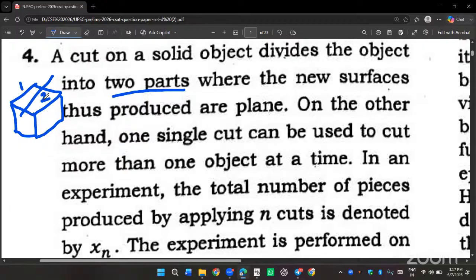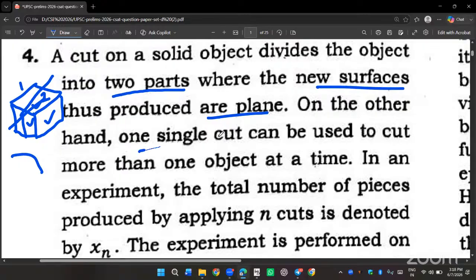While reading the question itself, you have to mark it. Two parts. Here, new surfaces thus produced are plane surfaces. So this side plane surface, if I cut this side plane. No curvature, no irregular shape, plane surface. When we cut perpendicular, or even at an angle, we will get plane surfaces. Good.